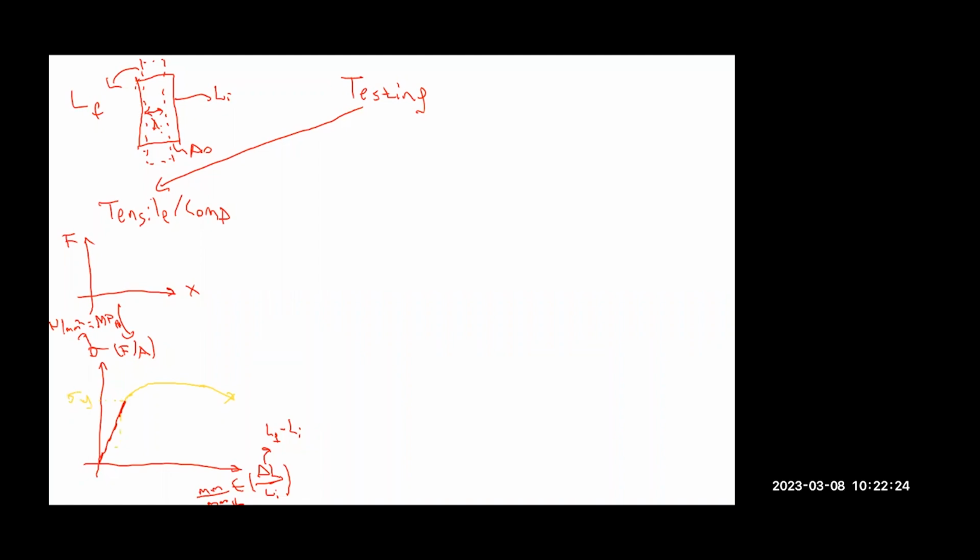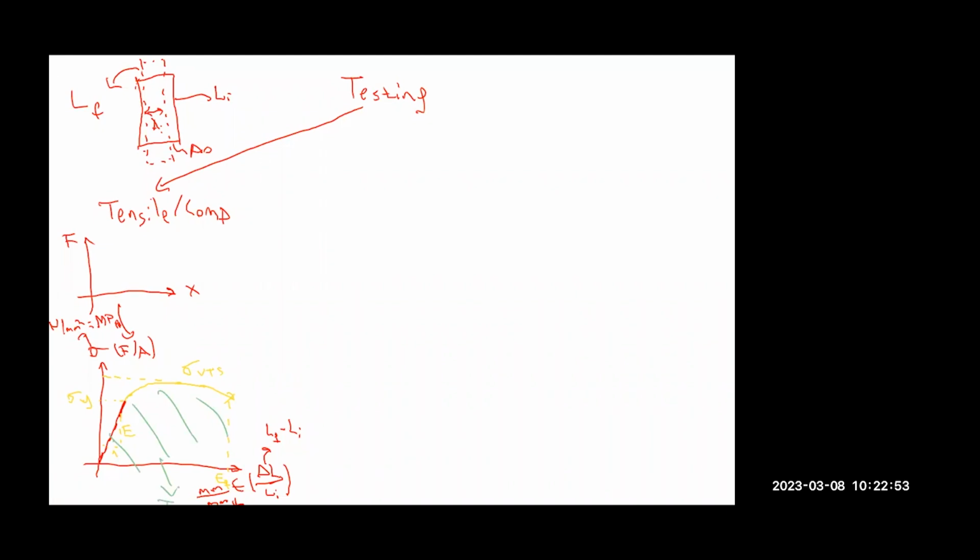The slope of the elastic region is the modulus of elasticity. We have failure strain, which is ductility. We have the maximum stress, which is the ultimate tensile stress, and the area under this curve is the toughness of a material.